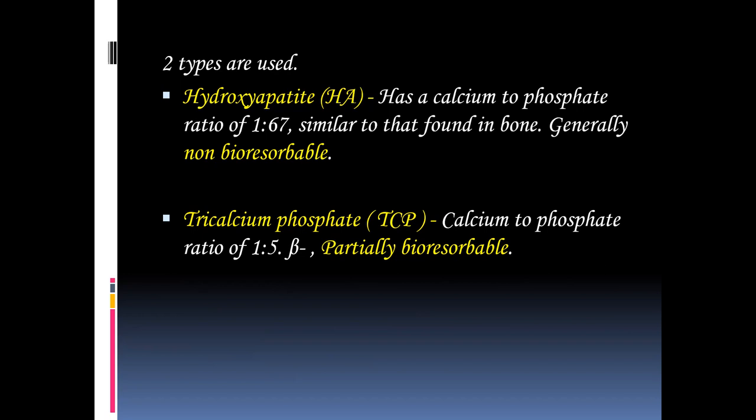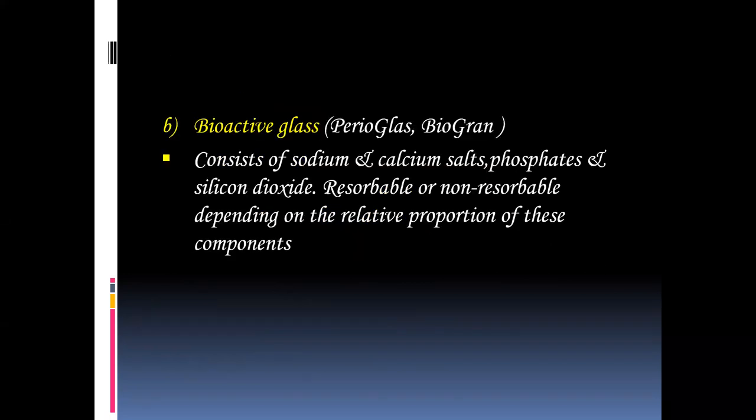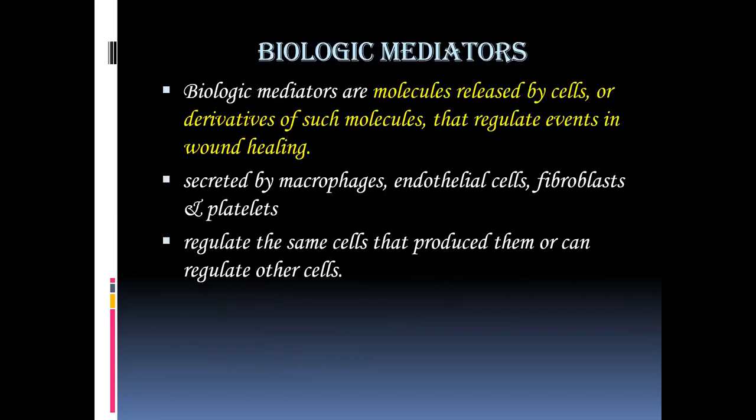Hydroxyapatite has a calcium to phosphate ratio of 1.67, similar to that found in bone, and it is generally bioresorbable. Tricalcium phosphate has a calcium to phosphate ratio of 1.5, and it is partially bioresorbable. Bioactive glass consists of sodium and calcium salts, phosphates, and silicon dioxide, and is resorbable or non-resorbable depending on the relative proportion of these components.